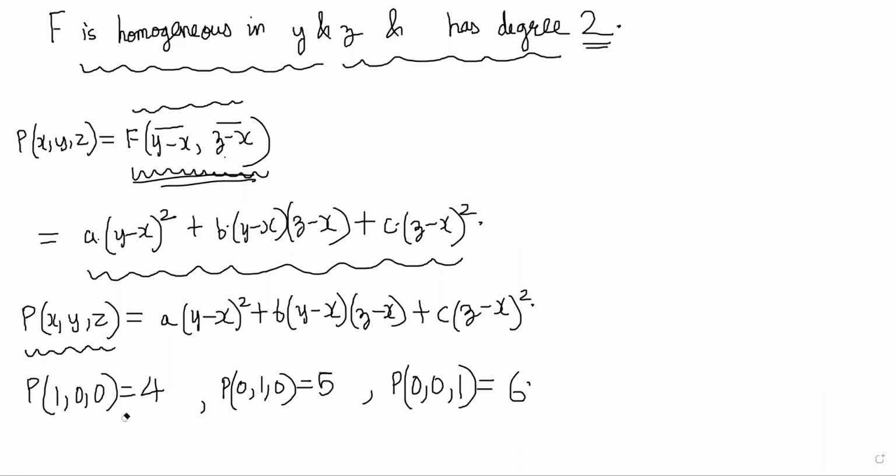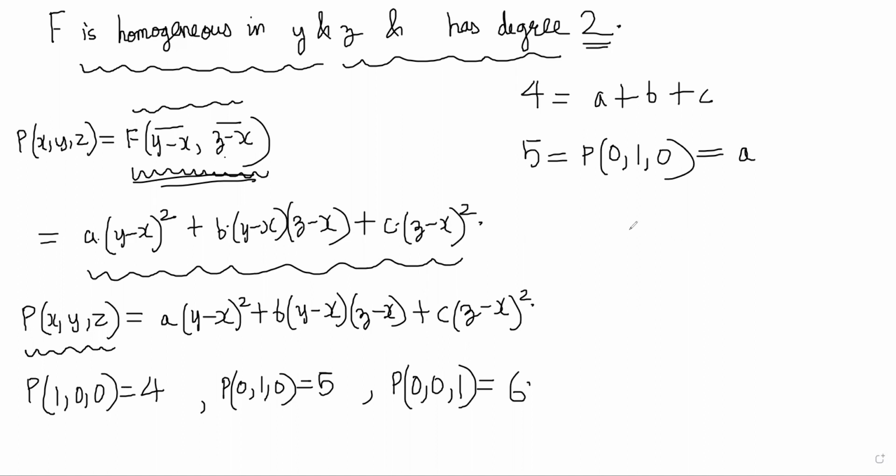So putting (1, 0, 0) in this equation, we get 4 equal to a plus b plus c, right? You put x as 1, y as 0, z as 0 in this equation and you should get this. Then similarly, 5 is equal to p(0, 1, 0). You are putting x as 0, y as 1, and z as 0, so you'll get a here. The y minus x part stays, but z minus x is 0, so the other terms vanish.